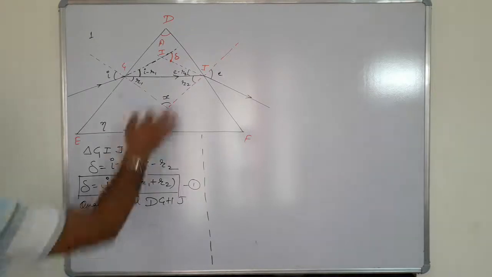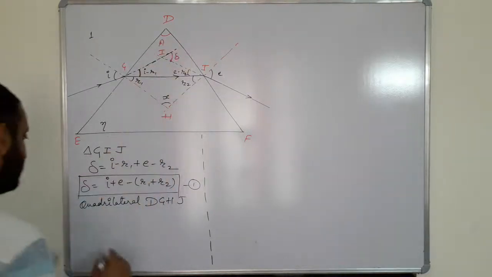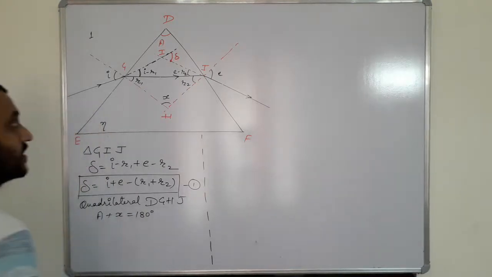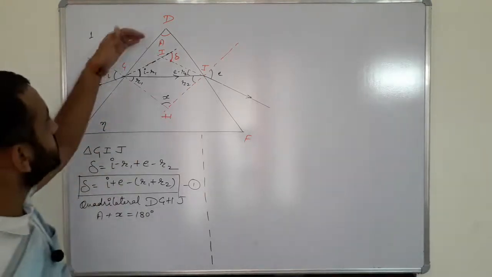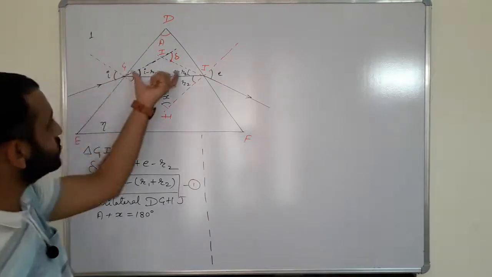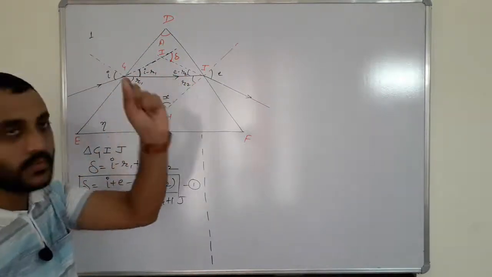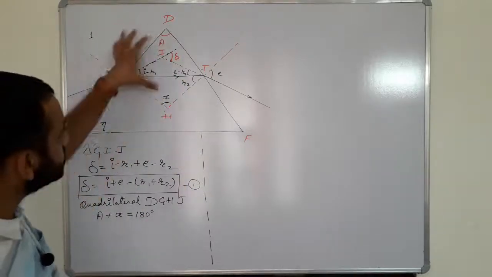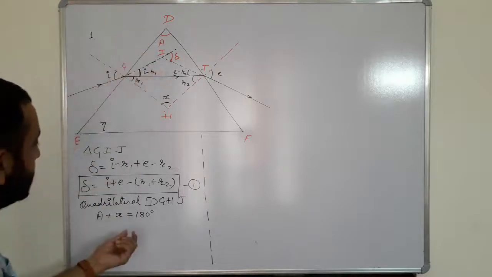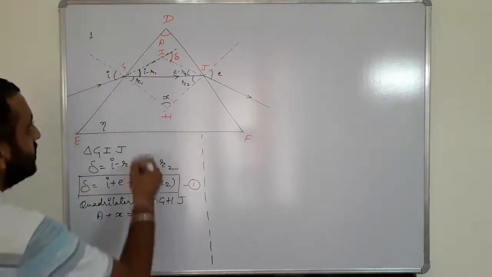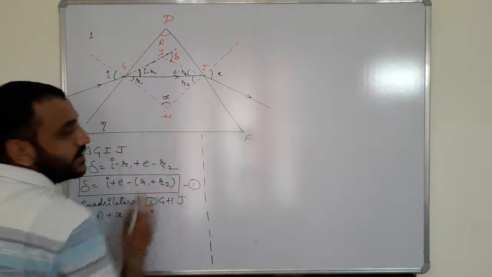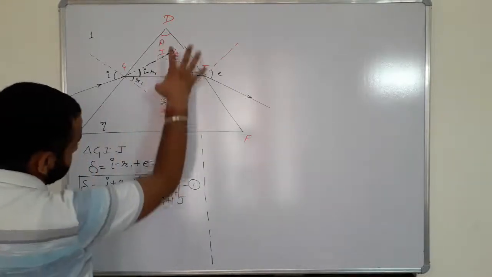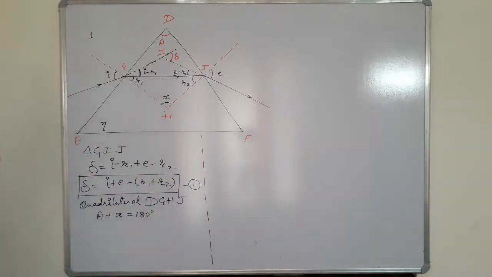We can write that A plus X will be equal to 180 degrees. Why 180 degrees? Because these two angles are 90 and 90, so the total is 360, and the sum of the other two angles will equal 180 degrees.